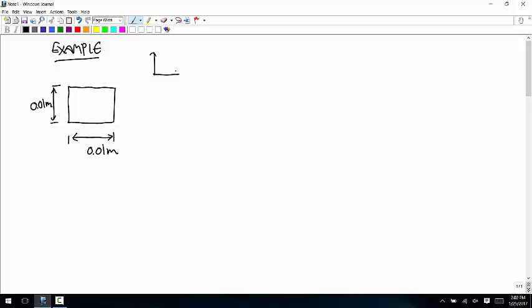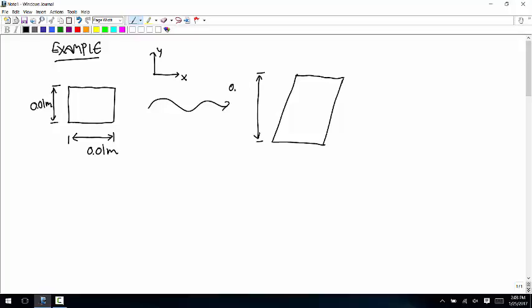And looking at it in this coordinate system, after deformation, let's say that this picture changes to this, where this height is 0.015 meters. The width is 0.007 meters. And if you measure this angle, it comes out to 1.3 radians.